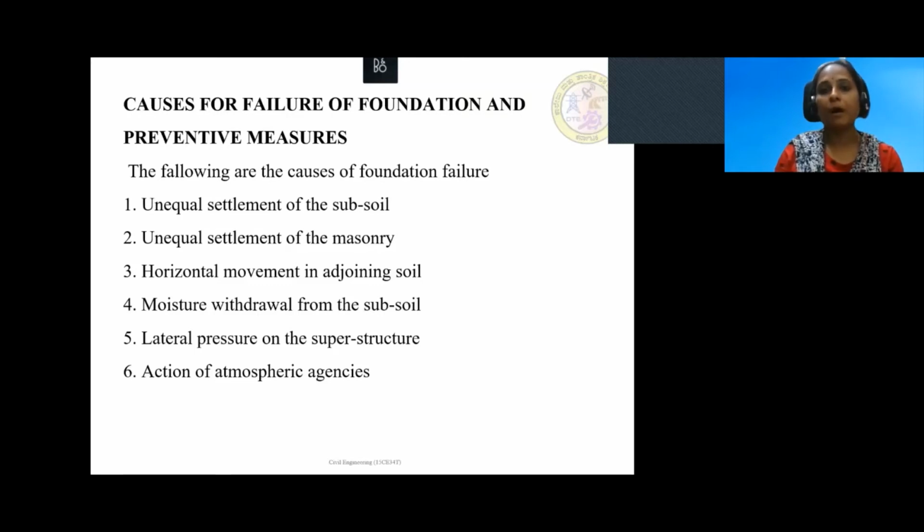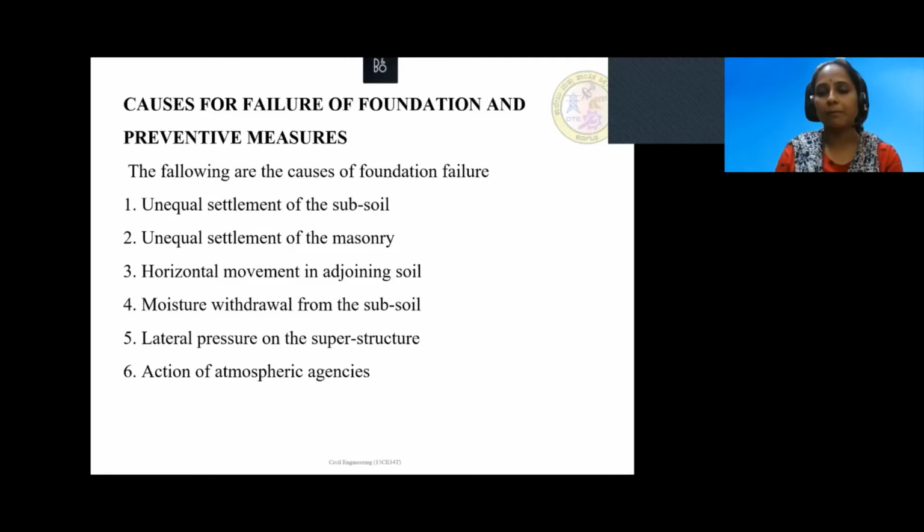Also improper compaction: compaction means layer by layer, the soil has to be compacted well, and this has to be done properly. Again, at the construction stage, we have to take utmost care, maintaining the standards given by the Indian Standards and choosing proper construction materials, cement, sand, etc.